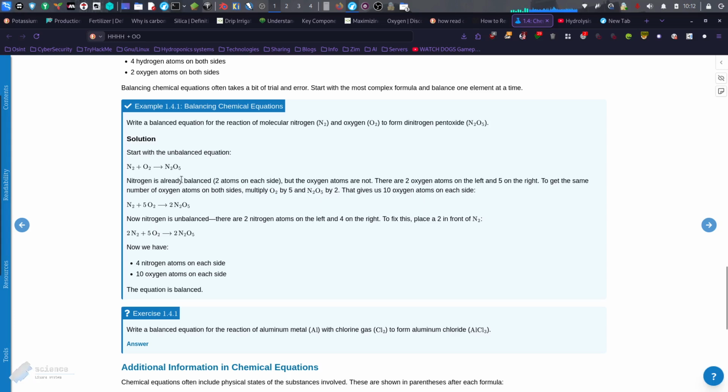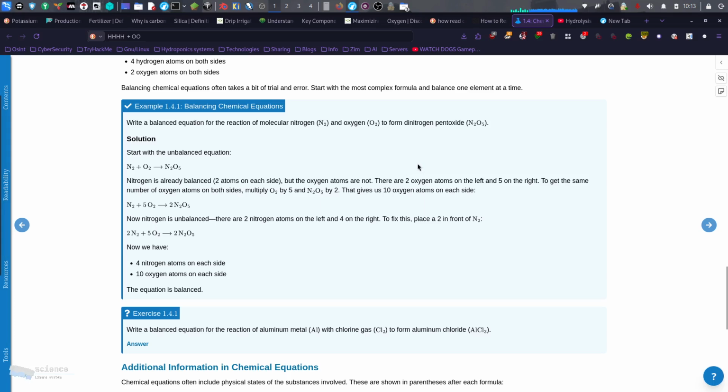Nitrogen is already balanced, 2 atoms on each side. Yes, 2 nitrogen atoms on the left and right side are balanced, but oxygen is unbalanced.